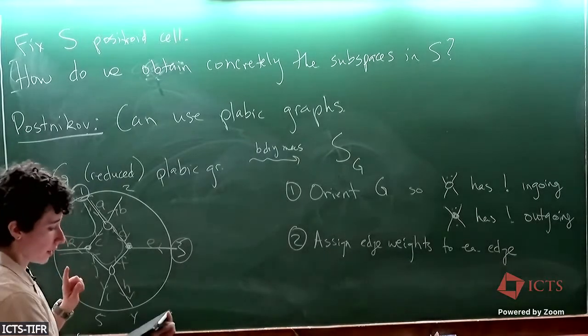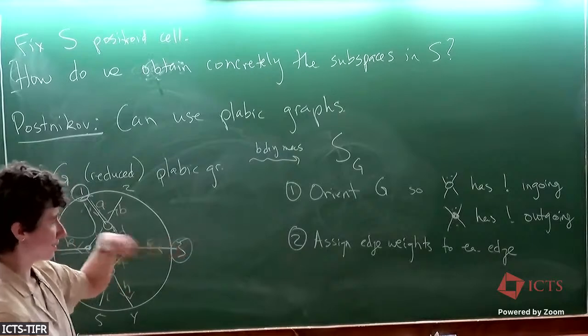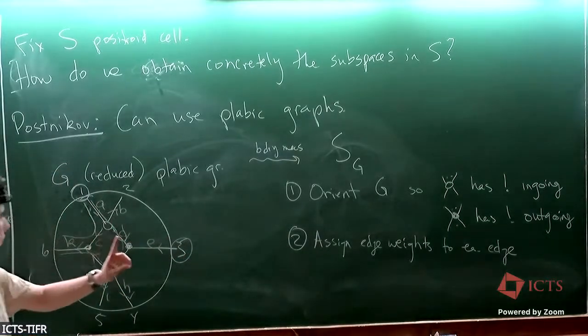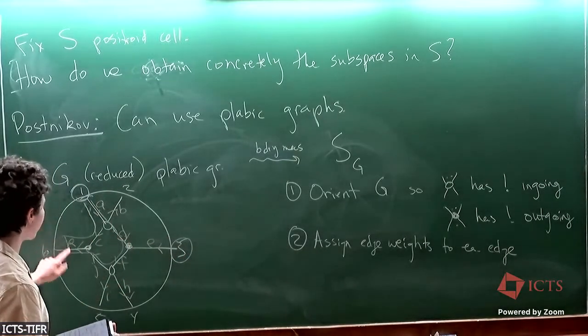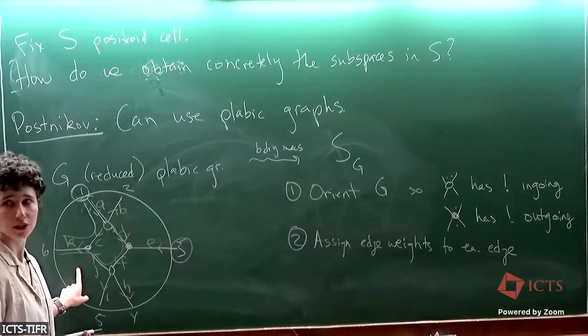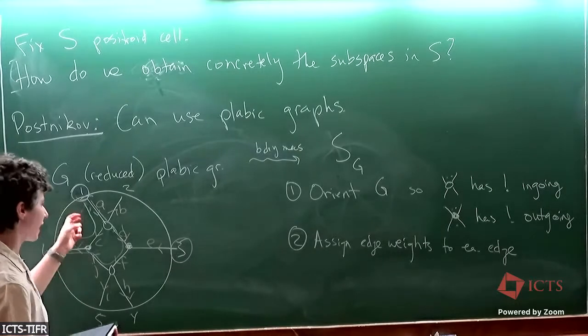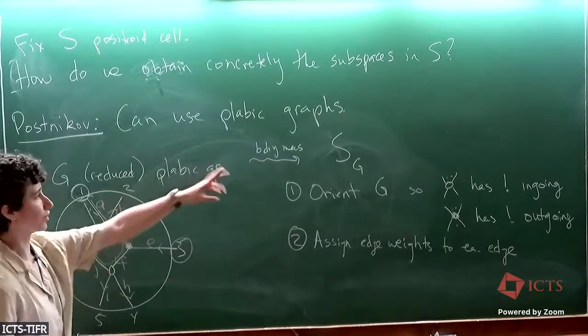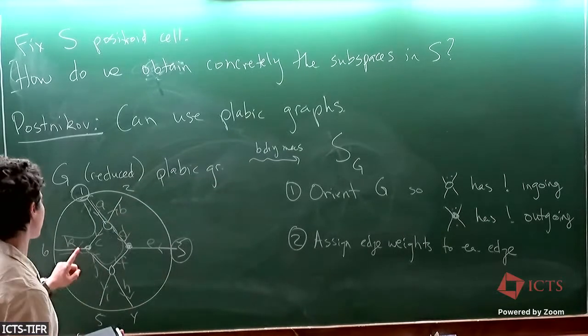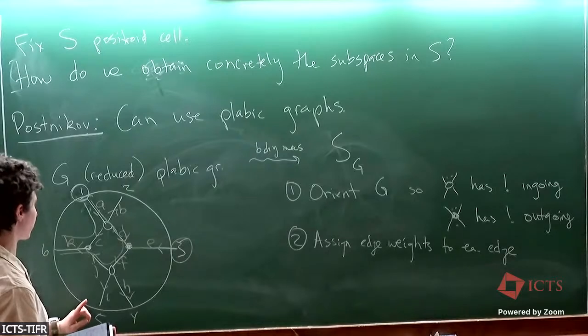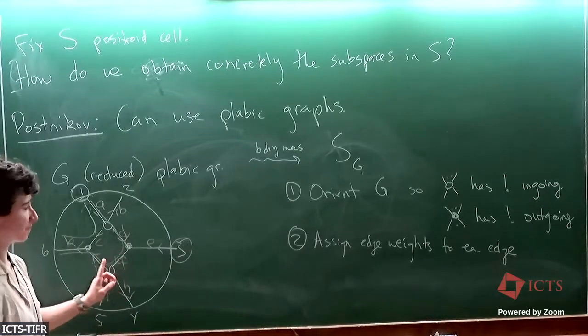Before I write it down, I'm going to say one thing, which is that there are actually too many parameters here. There are some gauge transformations that I can do without changing this matrix. And so I'm actually allowed to set some of these parameters equal to 1. I'm just going to erase them.